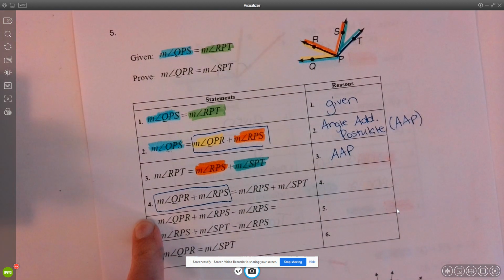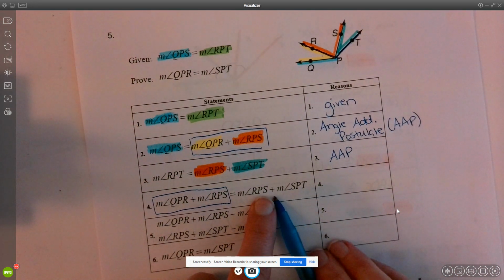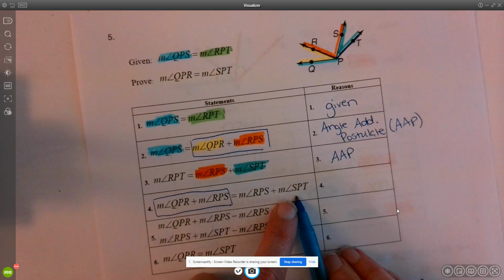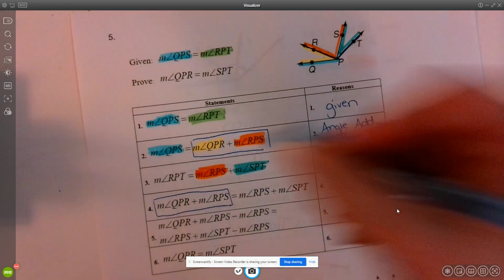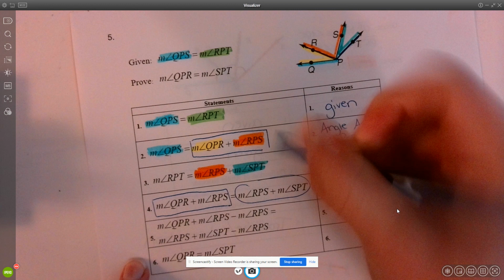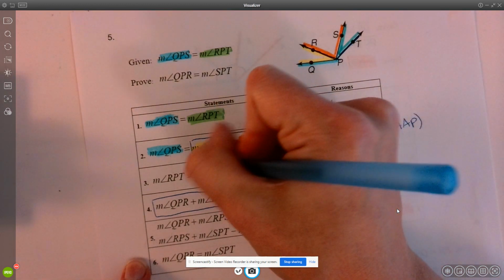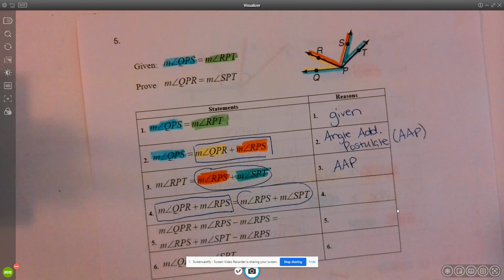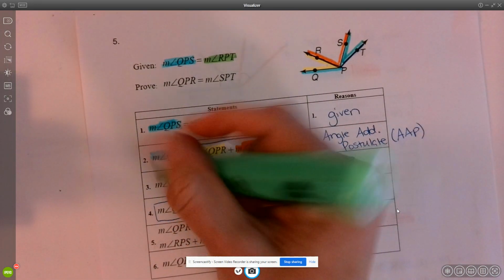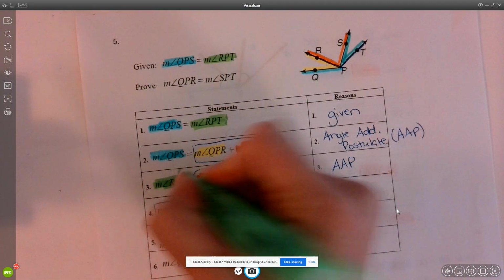Okay. Now I'm looking at this side, the measure of angle RPS plus the measure of angle SPT. Do I see this anywhere? And I do. I see it right here. This might help if I would have kept highlighting. This is green.